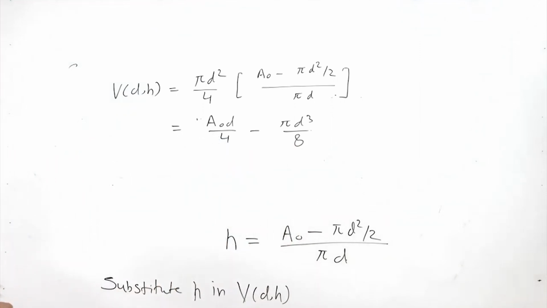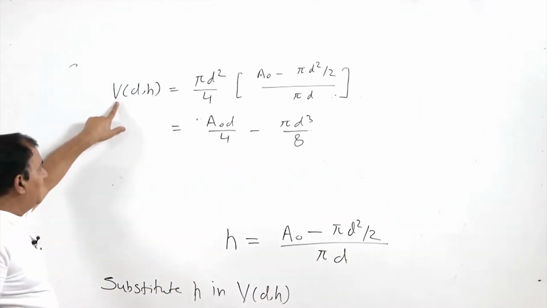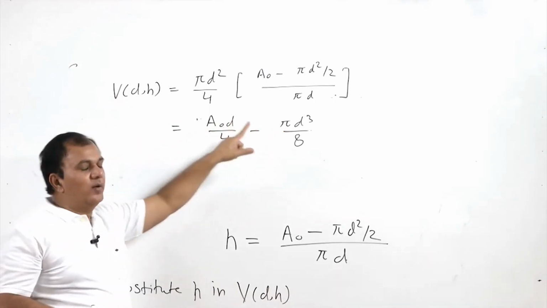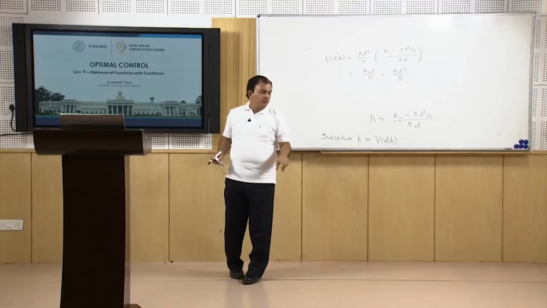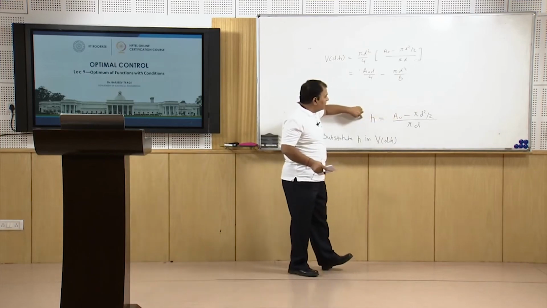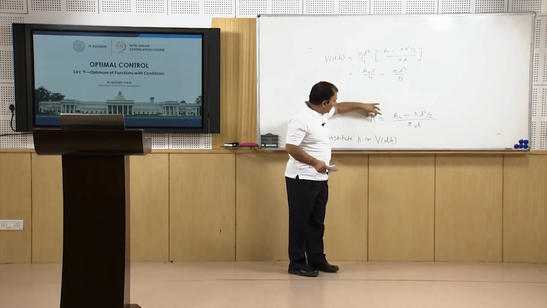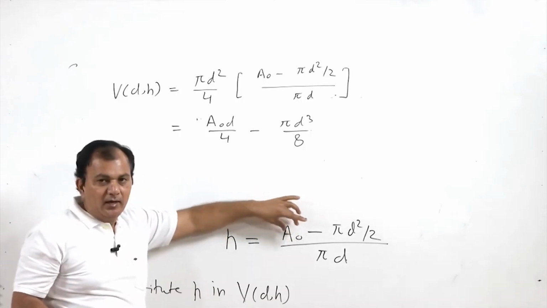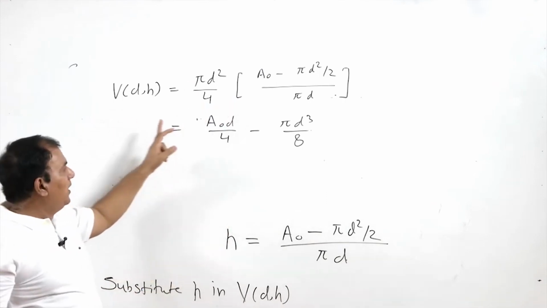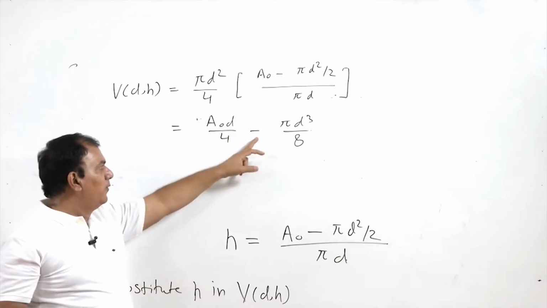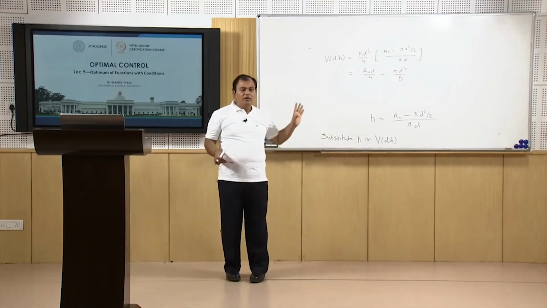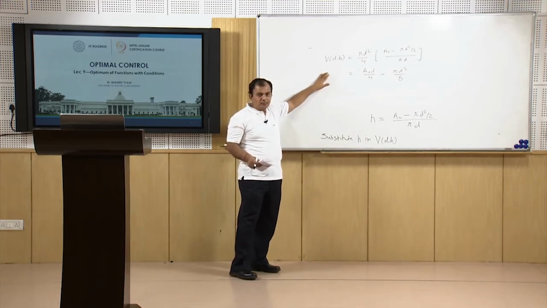So, now I am writing my V with only one variable d. h and d are related by this expression. So, what we have done? We have found one variable in terms of the other, and placed it into the volume expression. So, my V is simply A naught d by 4 minus pi d cube by 8. So, we have eliminated h from the volume expression.